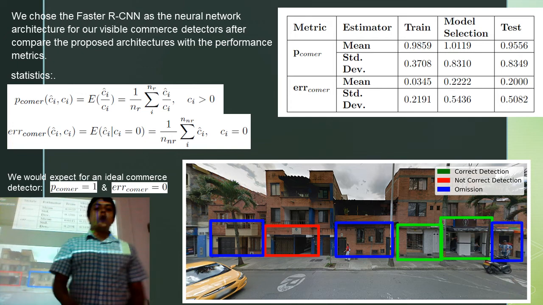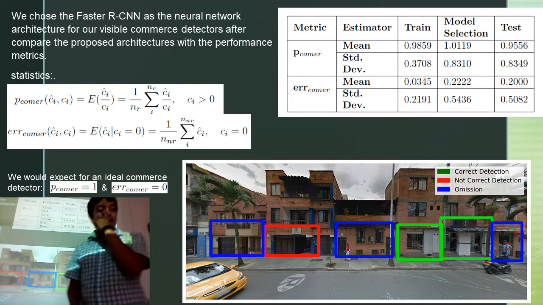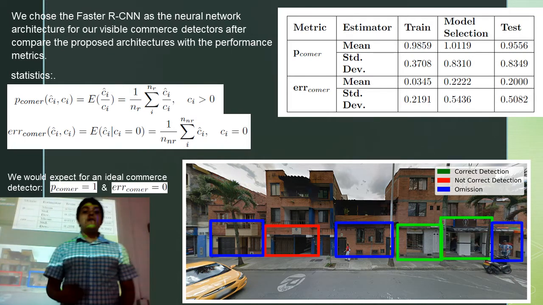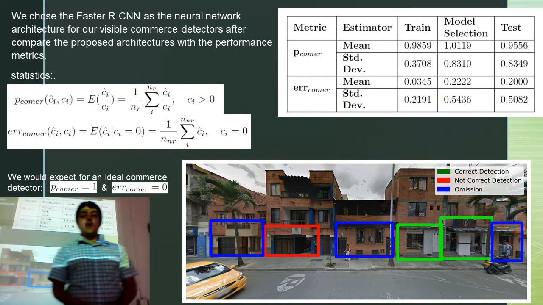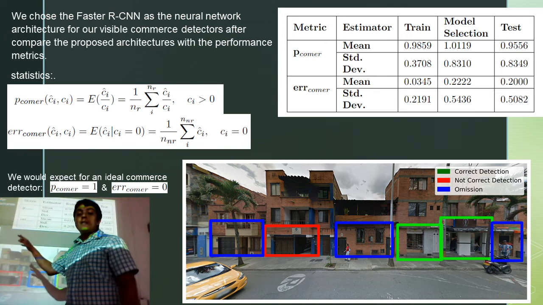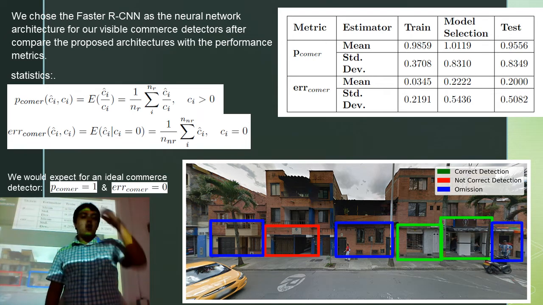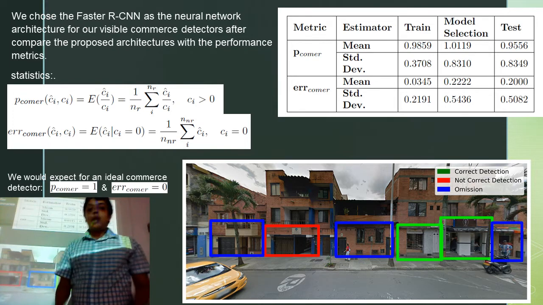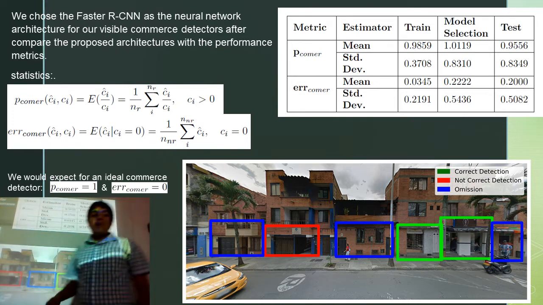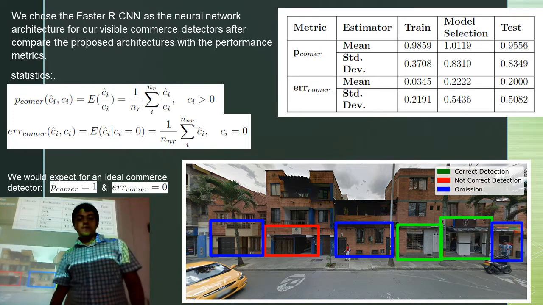On one hand, we train artificial intelligence algorithms on a manually labeled business database, capable of detecting fronts in an image of buildings or facades and saying whether it is a storefront or another front. Additionally, we build a set of statistics to quantify how well the detector counts the visible commerce when there is any. In this table, we report the commerce counting statistics for the best models.